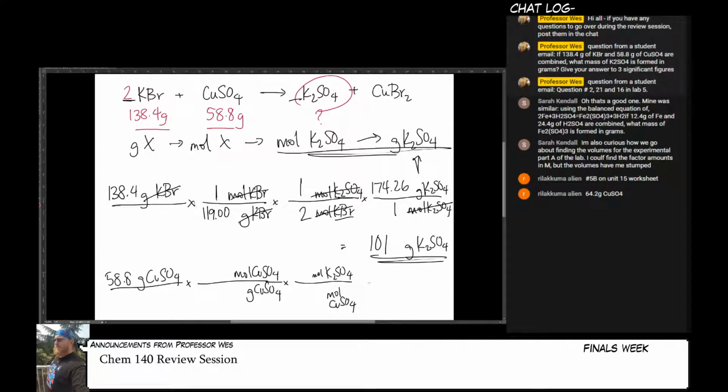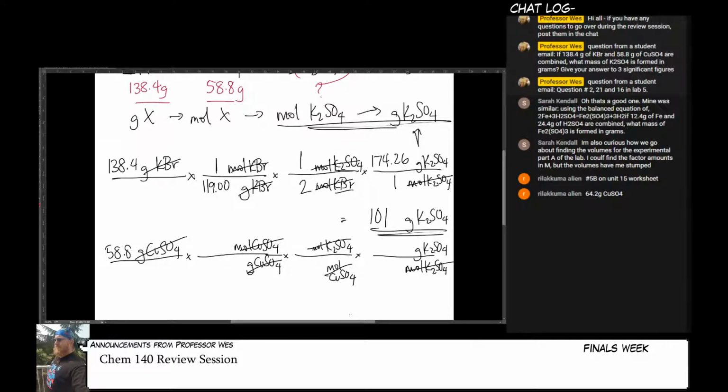Oops, I didn't write moles there. And then finally, we'll turn moles of K2SO4 into grams of K2SO4. And then we'll check that our units cancel out, so those cancel out, those cancel out, those cancel out. And then we'll do the numbers.